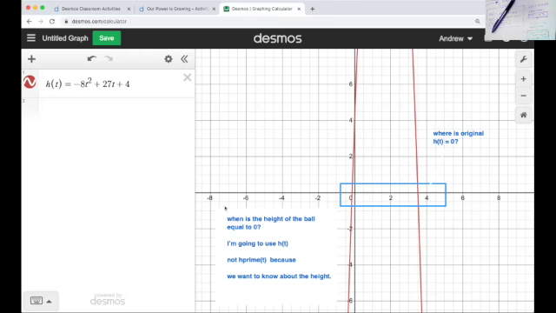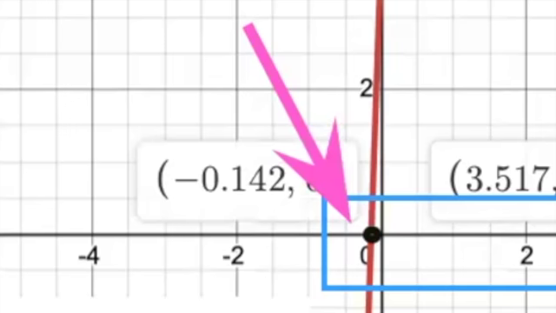I see that there is this right here, and Desmos will tell me that it's at approximately 3.517. And then I also see that there's another point back here at approximately negative 0.142.